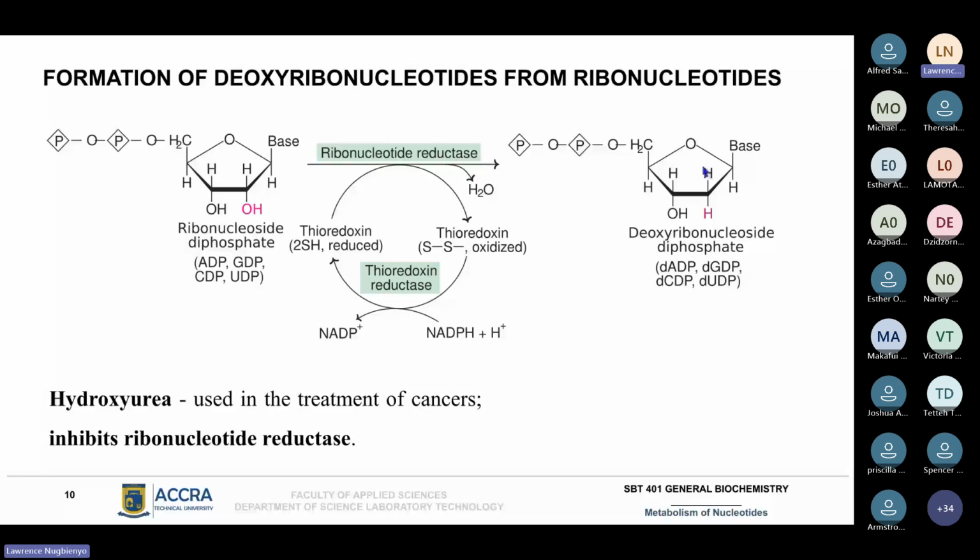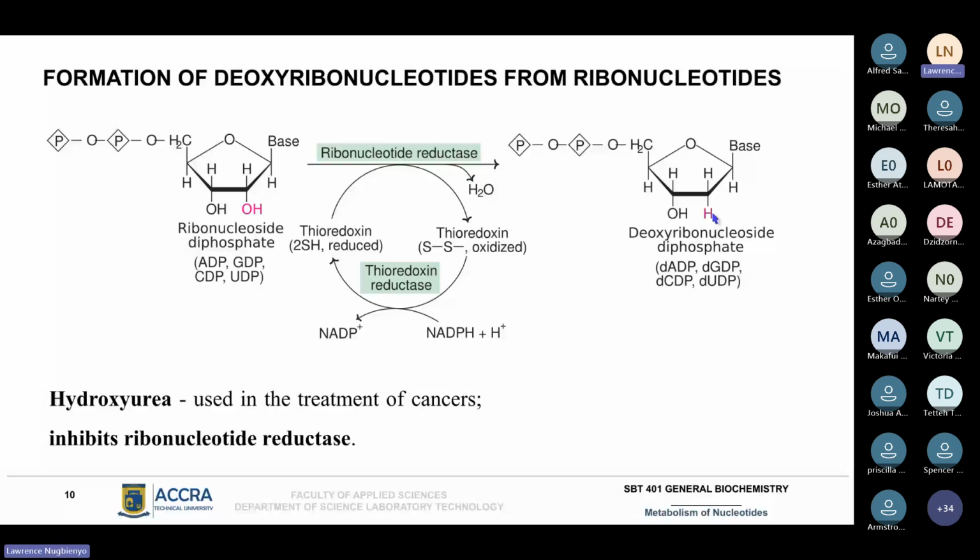Now, the ribonucleotides that we have synthesized have the sugar ribose. And just by reduction of the hydroxyl group on carbon number 2, so that in place of that hydroxyl group we will have only hydrogen, that gives us a deoxyribonucleoside.